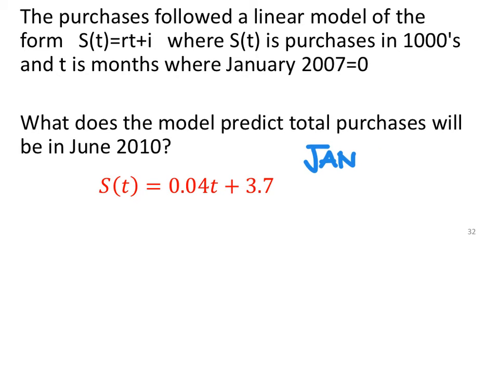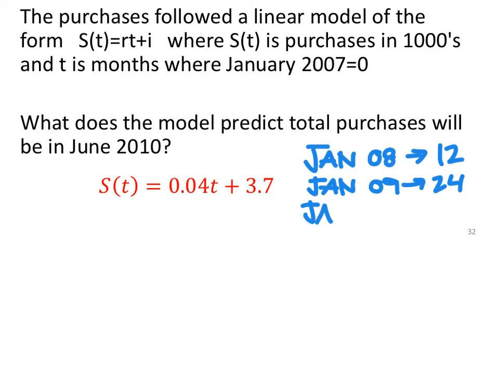So January 08 would be month 12, January of 09 would be 24 months, and so January 2010 would be 36 months, right? Well, from there you can count to June.